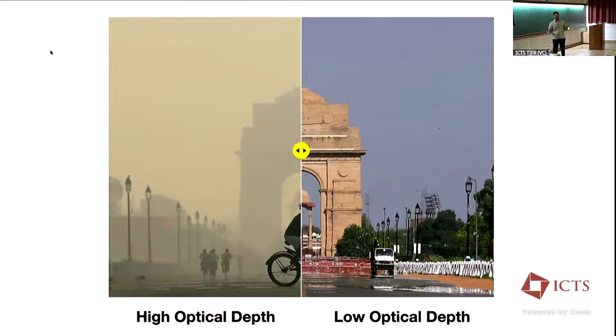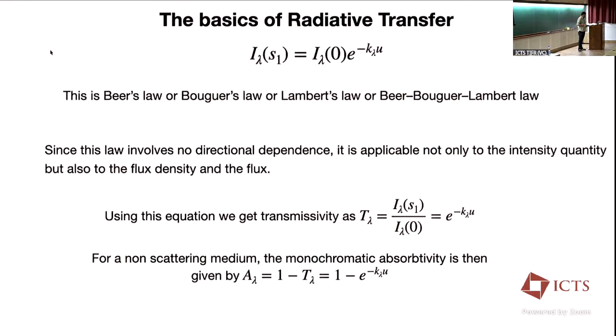Essentially, you experience that many times in big cities. As we go further, the optical depth calculation actually becomes very important, which I'll come to in a minute. This is basically the Beer-Lambert law.